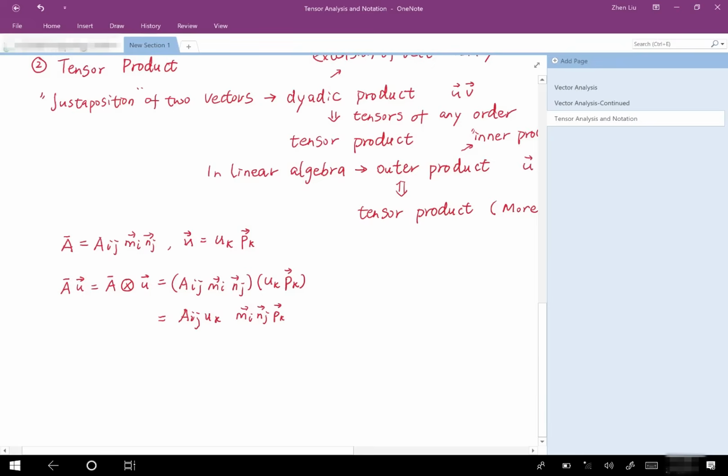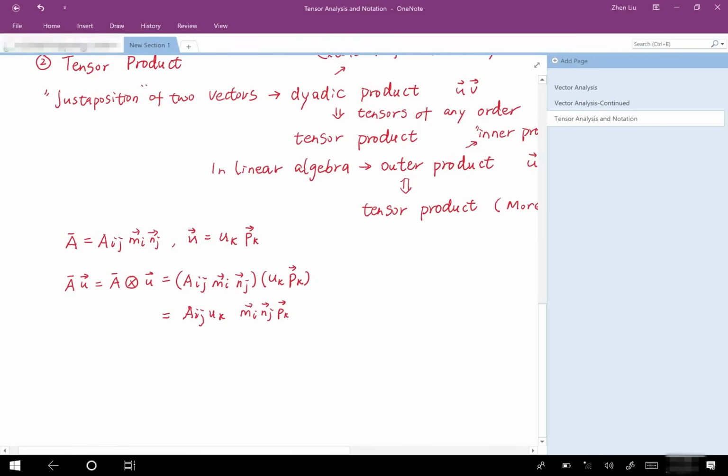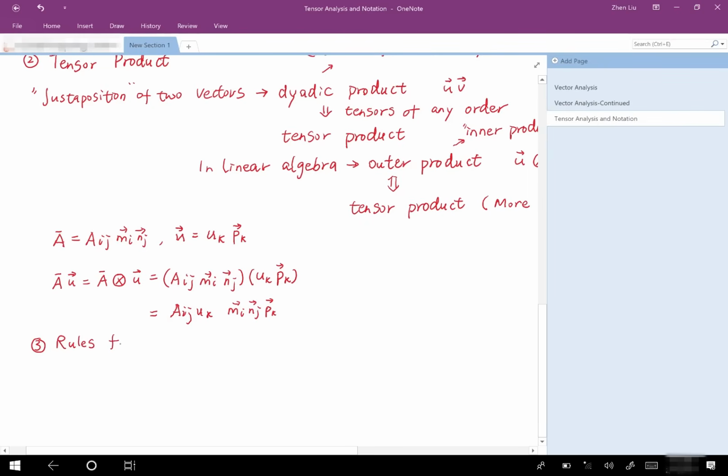And then we define a new operation. We know that whenever you define a new operation or new operator, we need to define rules for using that operator. So here, let's talk about the rules for tensor product. What rules do we usually discuss when we are talking about operators?